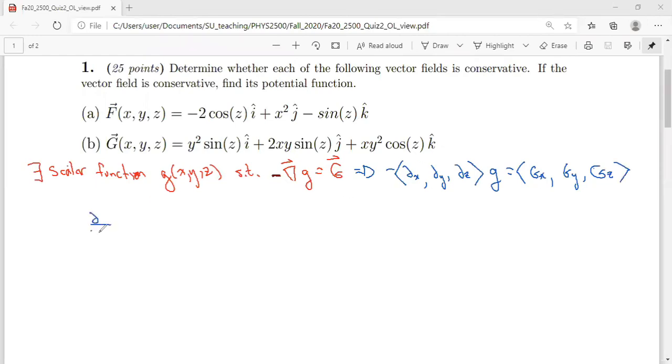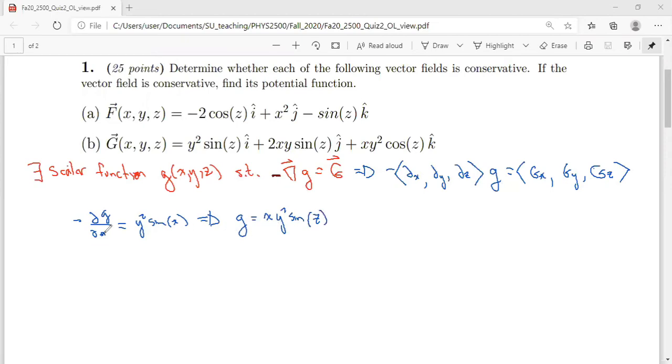So I have d by dx of g is equal to the x component, y squared sine z. And that tells me that g itself is equal to the antiderivative of this with respect to x, so xy squared sine z.